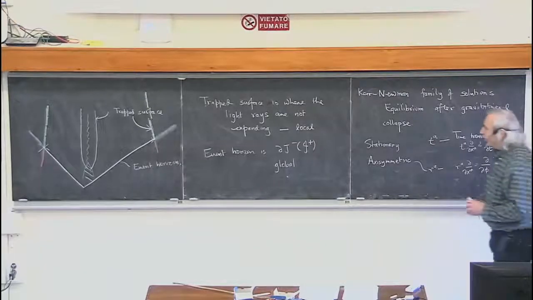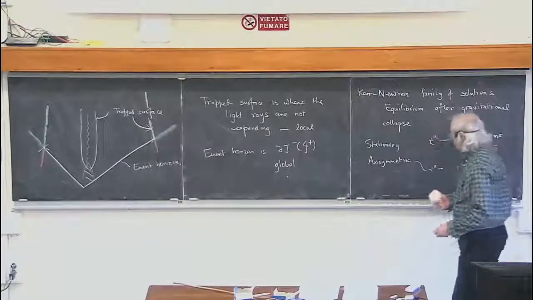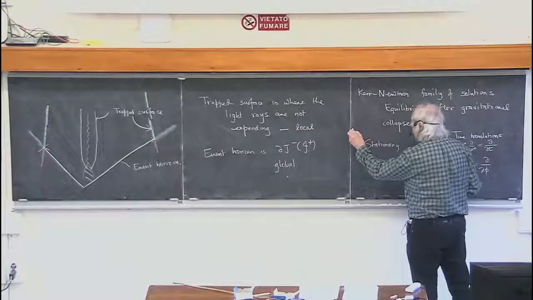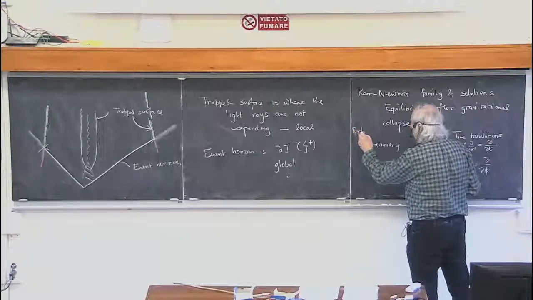These were the two Killing vectors that we found, which generated the isometry group R cross U(1).